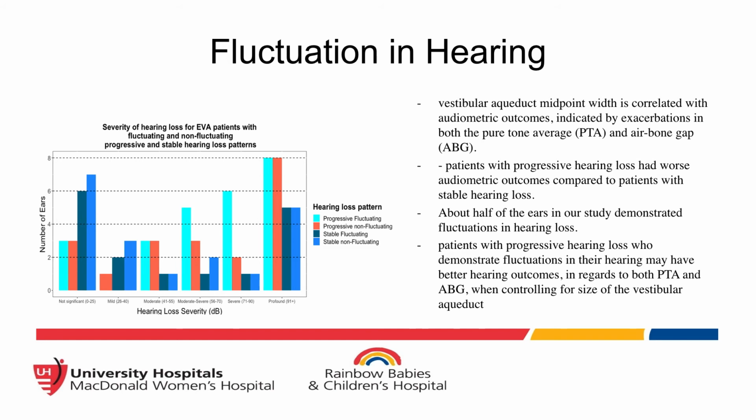The figure shows the distribution of hearing loss patterns of the EVA cohort. Each ear's classification was based on their most recent pure tone average. Patients were divided into subpopulations based on the pattern of hearing loss, either progressive with fluctuation, progressive without fluctuation, stable with fluctuation, and stable without fluctuation.